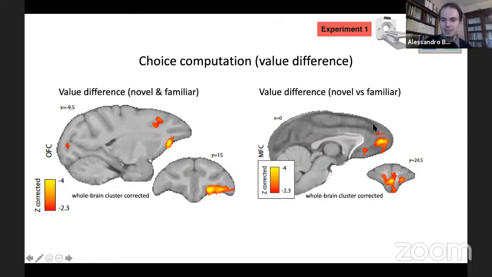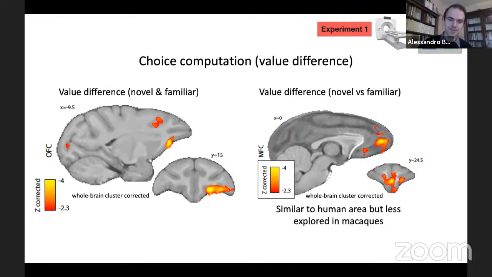So we argue that this MFC circuit has been recruited specifically by these novel choices, where the monkeys know the components of the options available, but have not had a very long training that has strengthened the association by reinforcement.